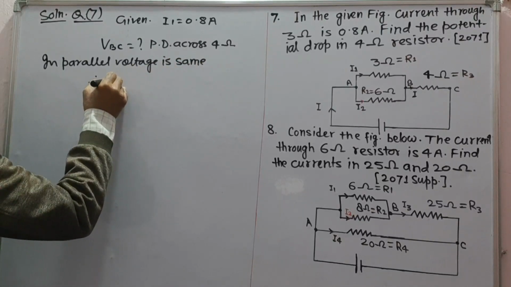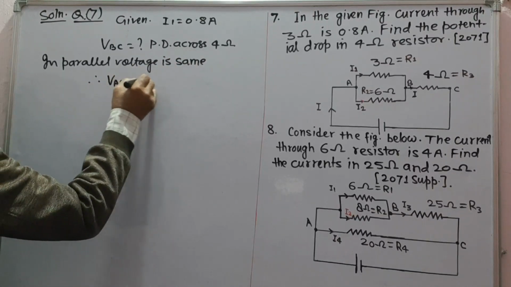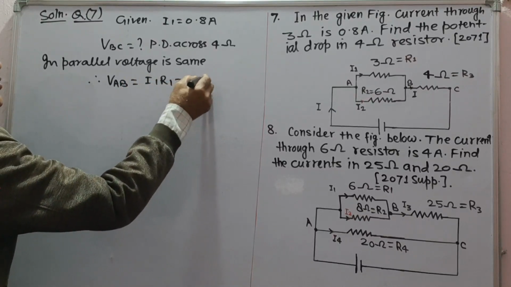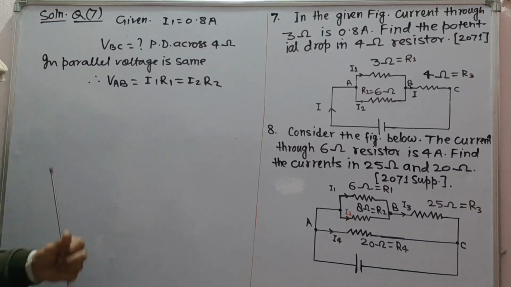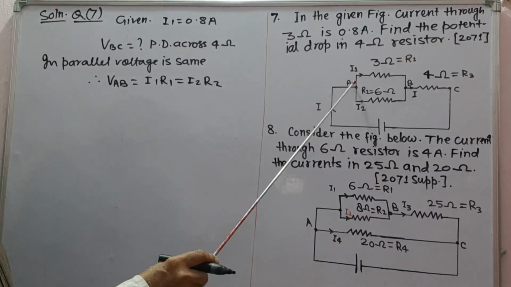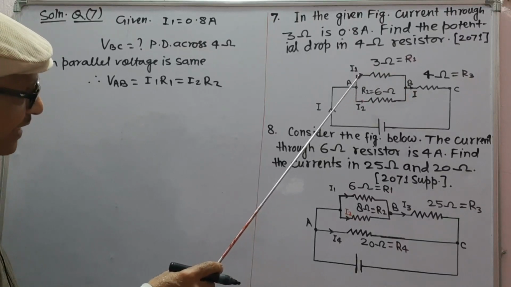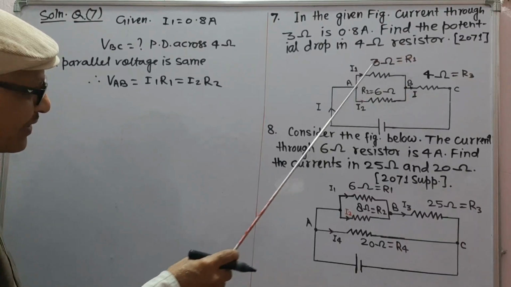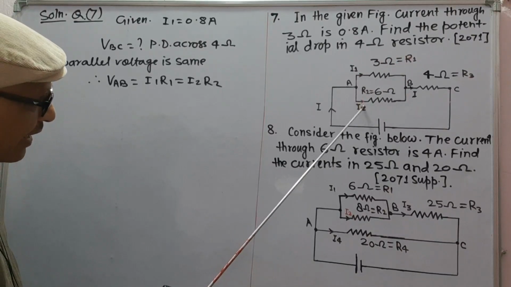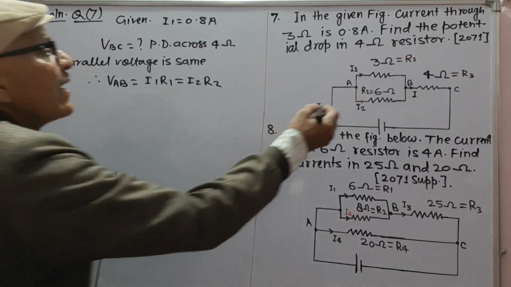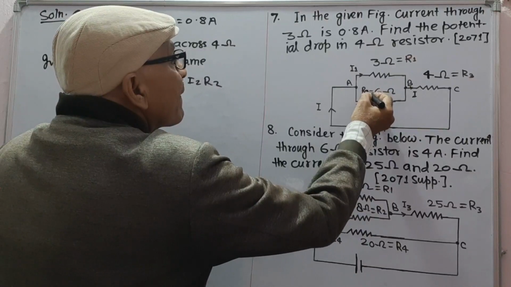therefore VAB will be equal to I1 R1 is equal to I2 R2, means the potential difference between points A and B is same as I1 into R1 and I2 into R2. This is R2.